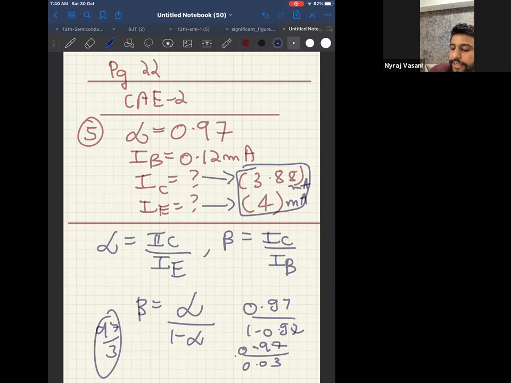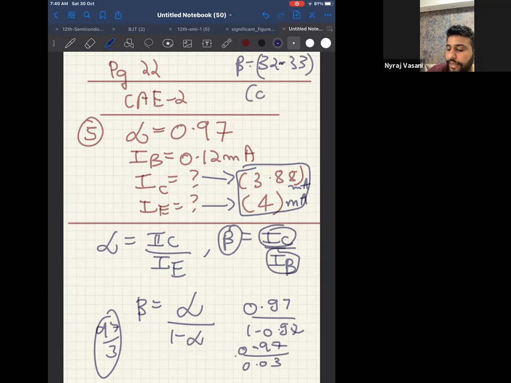Therefore, can I say beta will become 32.33 or 32.3. So now I know the value of beta. I also know the value of IB. Can I get the value of IC? Check. So IC is equal to beta into IB.